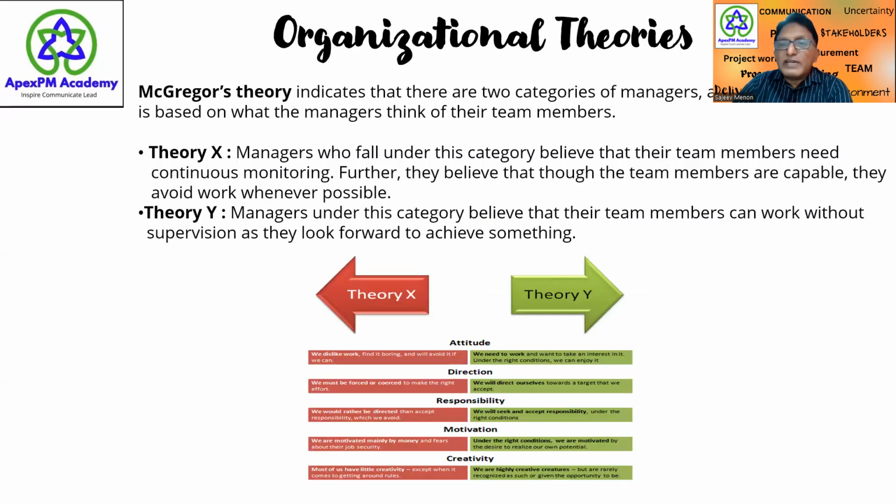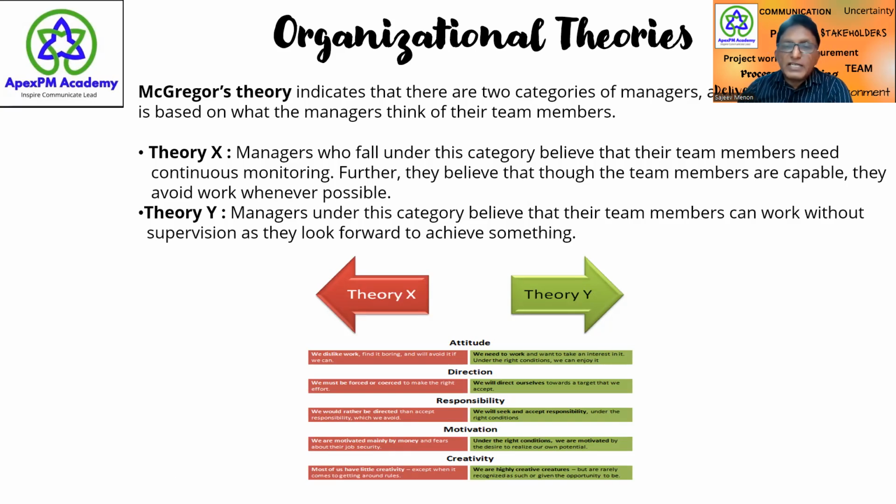Now we come to the different organizational theories. McGregor's theory indicates there are two categories of managers, those of category X and category Y. Those from category X believe that the team is not capable of working on their own. They need continuous monitoring.